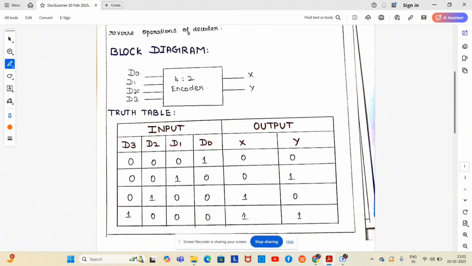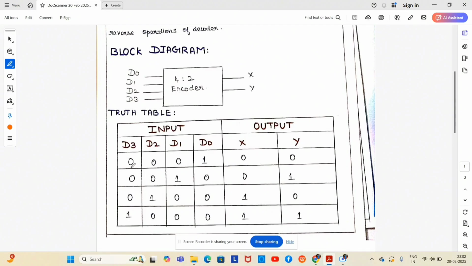It accepts 4 inputs D0, D1, D2, D3, and the outputs are X and Y. Here D3 is the most significant bit and D0 is the least significant bit.